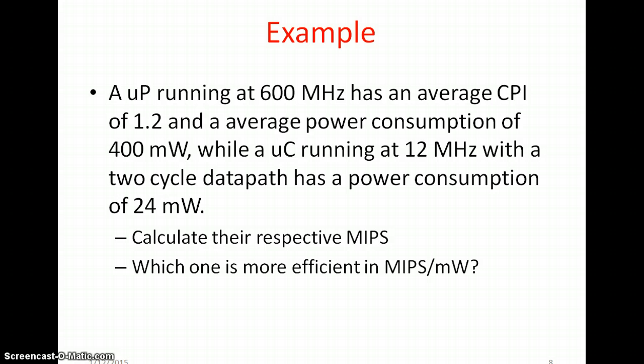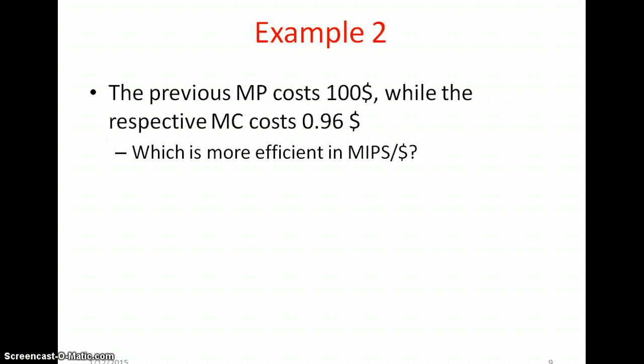On the basis of this statement, you can calculate their respective MIPS, million instructions per second. Which one is more efficient? It is the second example. The previous microprocessor cost is $100, while the respective microcontroller cost is $0.96. Which one is more efficient in MIPS per dollar?